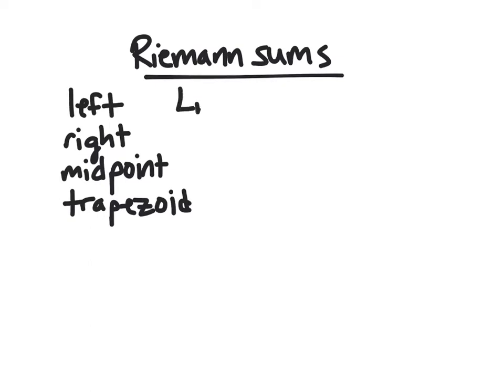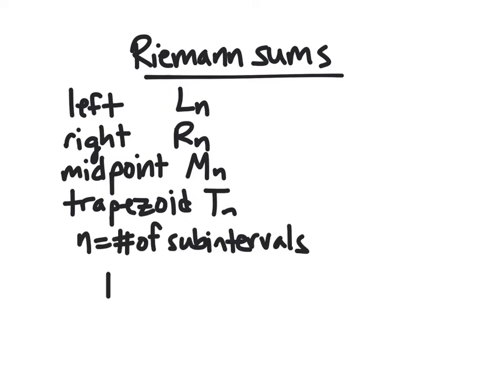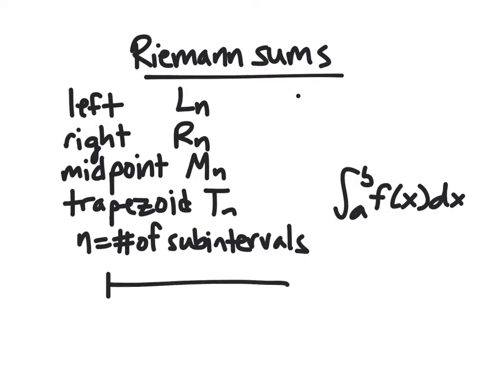I'll denote these by Ln, Rn, Mn, and Tn, where n is the number of subintervals that you have split your interval into. So here's the picture. If we care about the integral from a to b of f of x dx, then we have a, we have our b, and we split it into a bunch of subintervals, and we usually space them evenly.